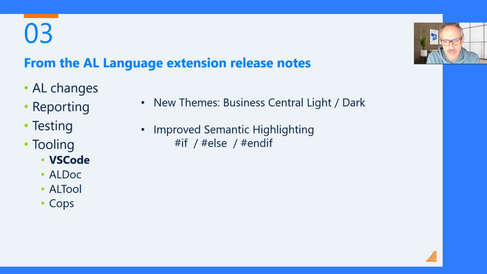It's called improved semantic highlighting. If you have a construct with these if, then, else, and if settings, where you are checking for settings like whether it is a new release or a specific version of your app, then the code within the if or within the else branch will be highlighted, yes or no. There is one issue with parentheses.